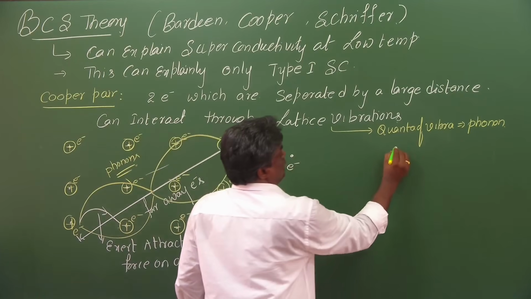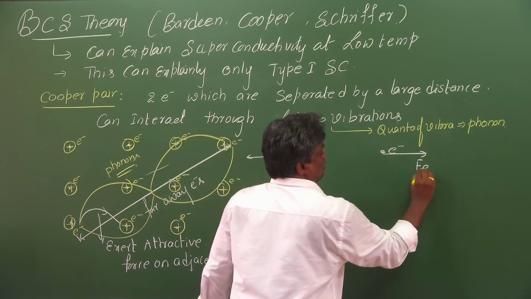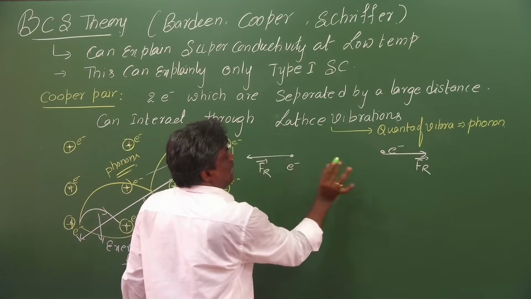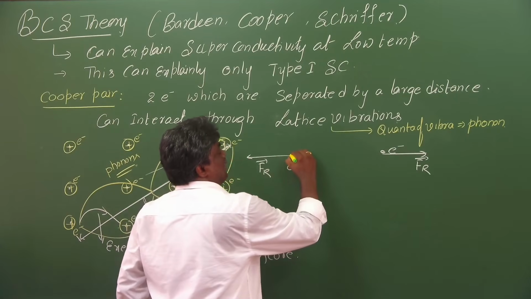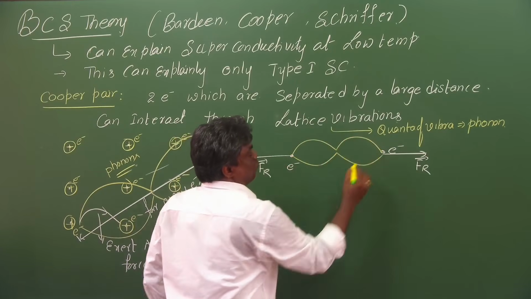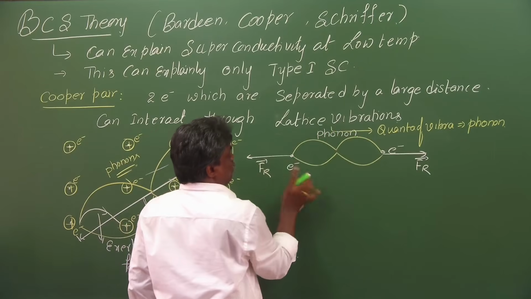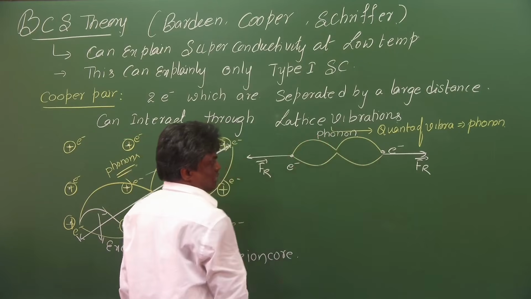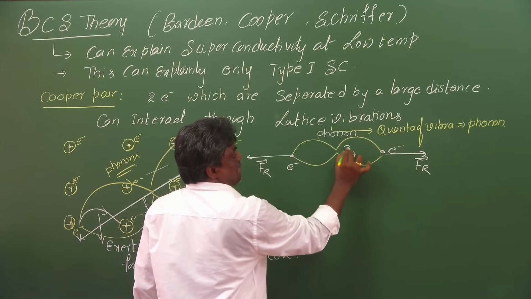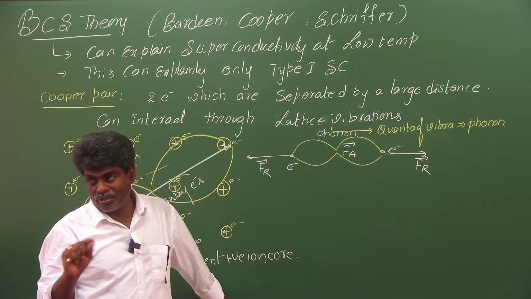Here is an electron, here is an electron, both have repulsive force, no doubt about this. But due to the lattice vibrations, these two electrons are sharing some energy. What is that energy? Phonons. This is the interaction of electrons through phonons, and the electron-phonon-electron interaction is attractive, because the ion cores are positive and the electrons are negative.